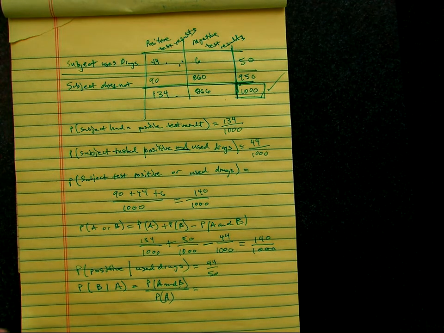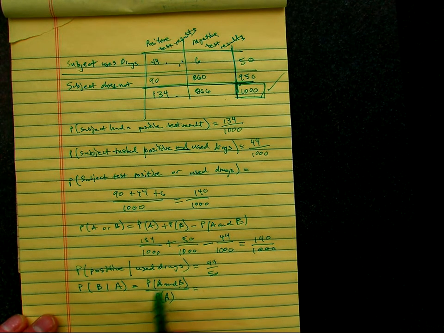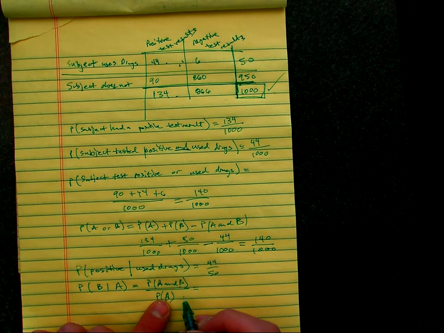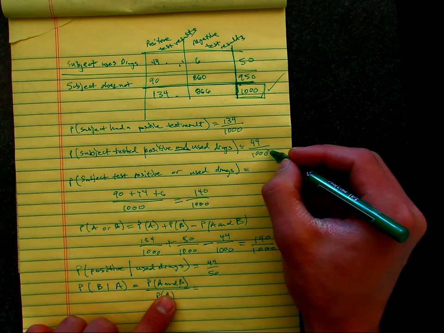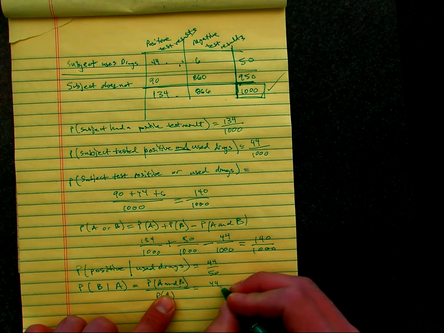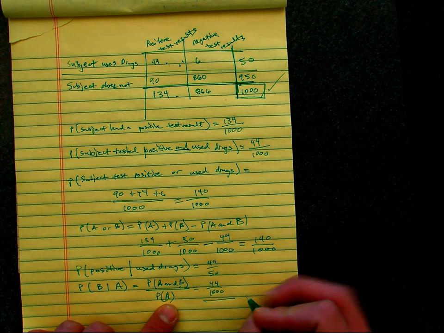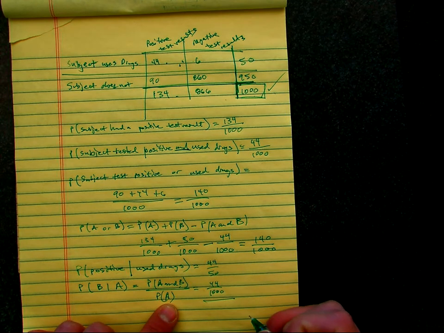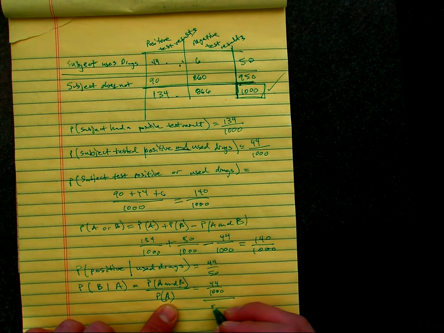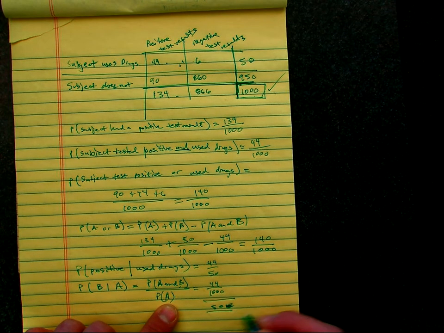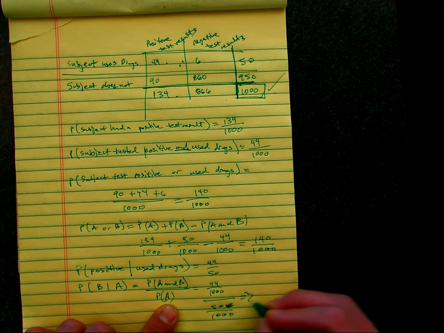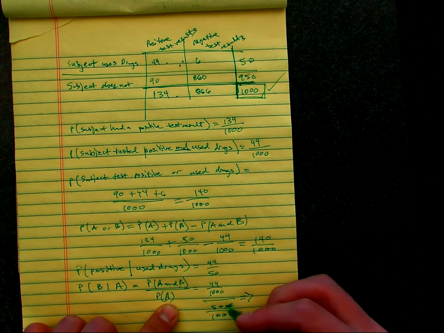Let's see if we can get that answer now from doing this formula. So the probability of A and B, right, we got that up here, was 44 over 1,000. Now the probability of A, which is used drugs, is 50, oops, not 500, 50 over 1,000. Now, you guys remember when we have two fractions, you multiply, flip, and multiply by the reciprocal.